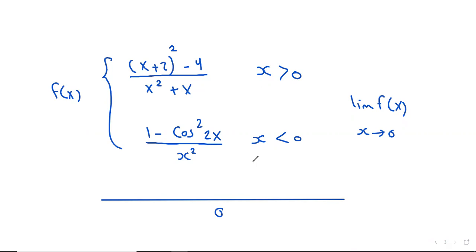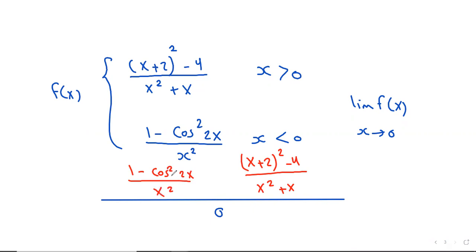On the right, we write x plus 2 to the power of 2 minus 4 over x squared plus x, and on the left we write 1 minus cosine squared 2x over x squared. To find the limit of f of x when x approaches 0, we are going to find f of 0 from the right.